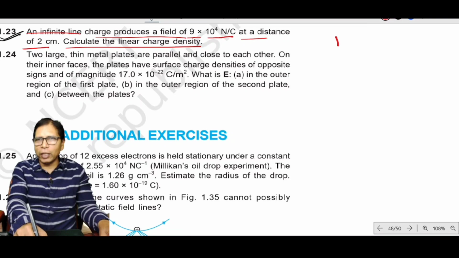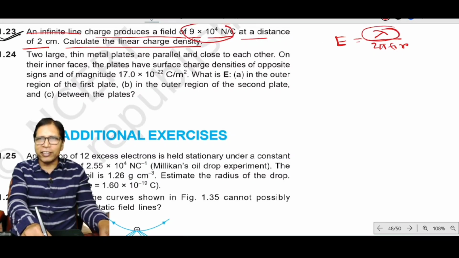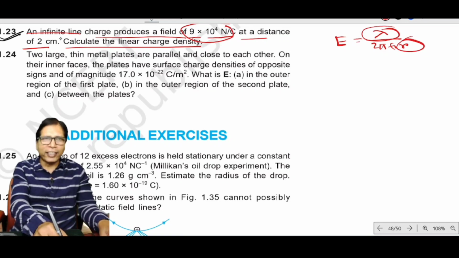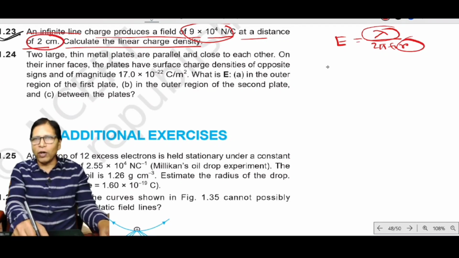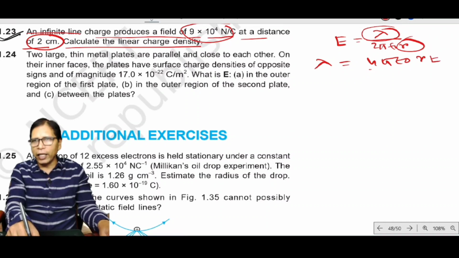You know, the electric field due to an infinitely long straight conductor is lambda by 2 pi epsilon naught into R. What is lambda? Lambda is this. What is R? R is this. So lambda equals 4 pi epsilon naught R E divided by 2.